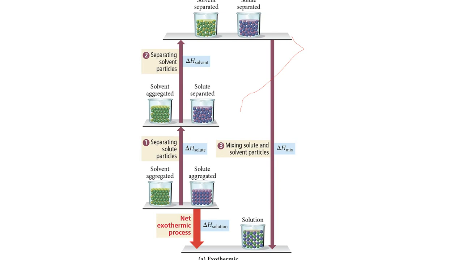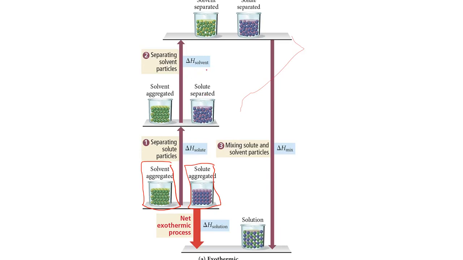If you are using a diagram like this one, what does it mean? Here, it means you have your solvent here, and then you have your solute. Both of these need energy. You add the enthalpy of solute, you separate the solute.